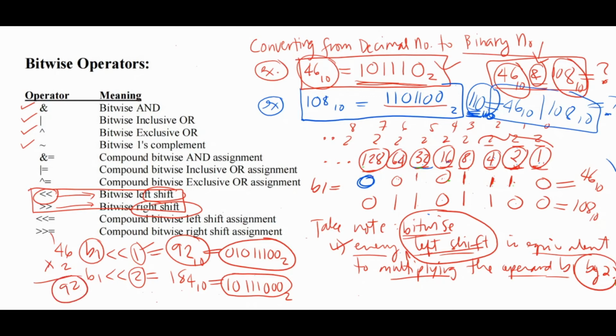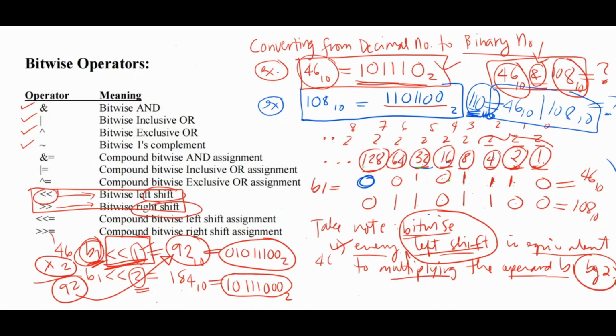So again, one bitwise left shift, like this one, is equal to multiplying the operand B1 by 2. So as you can see, the result is 92. If we shift B1 two positions to the left, then you are like multiplying B1 by 2 twice.